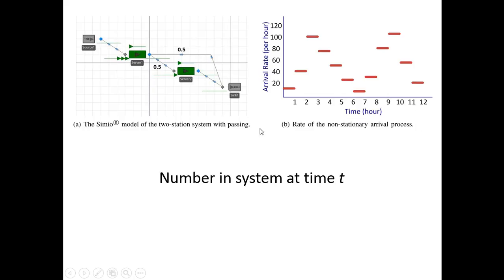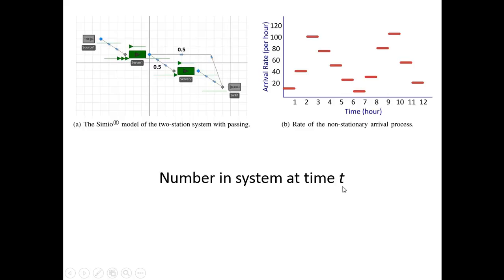This system can be a simplified model of a restaurant where we have a lunch rush and dinner rush, for example. Also suppose that the performance measure that we're interested in is number in system at a particular time t. So we want to know how many customers we have in the system at a particular time t.